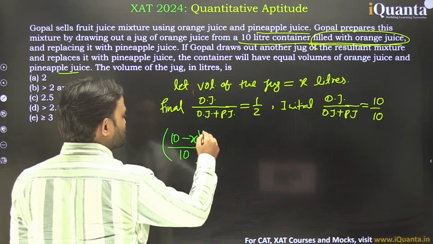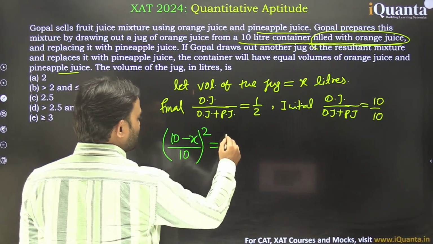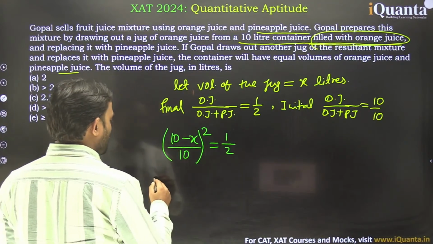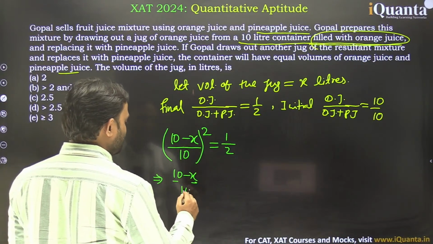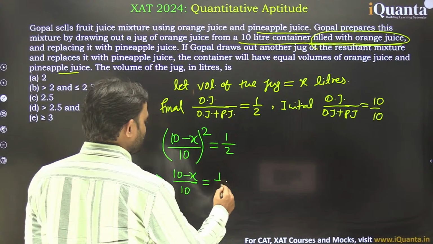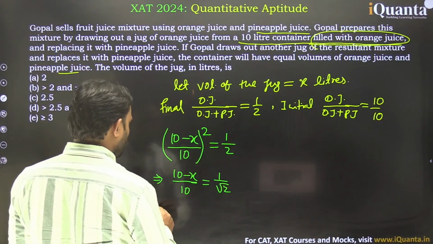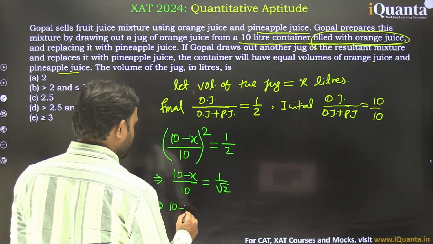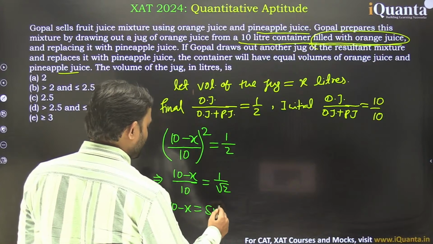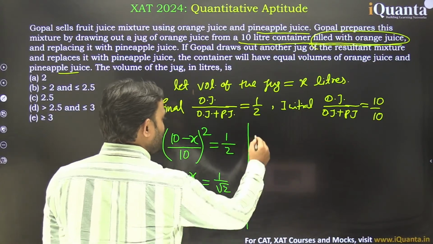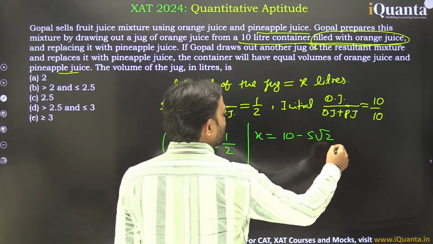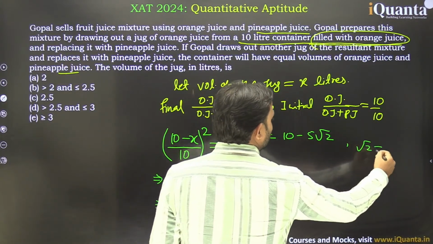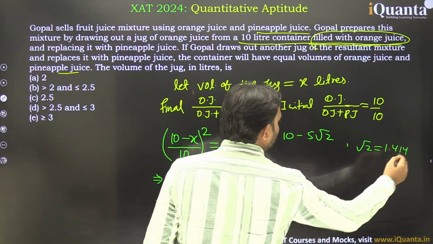So this time should be equal to 1 by 2, or we can say (10 minus x) upon 10 is equal to 1 by root 2, or we can say 10 minus x is equal to 5 root 2. So x will be equal to 10 minus 5 root 2, and root 2 is equal to 1.414.